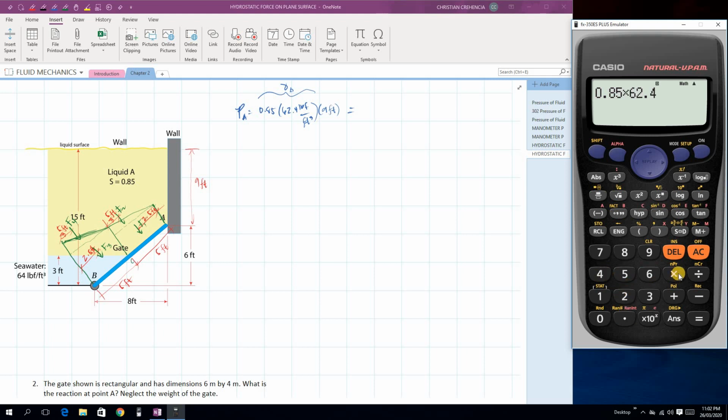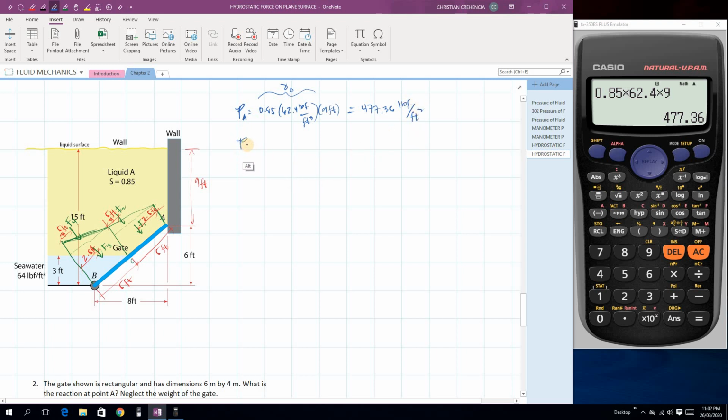Okay. So we have 477.36 pound force per square foot.